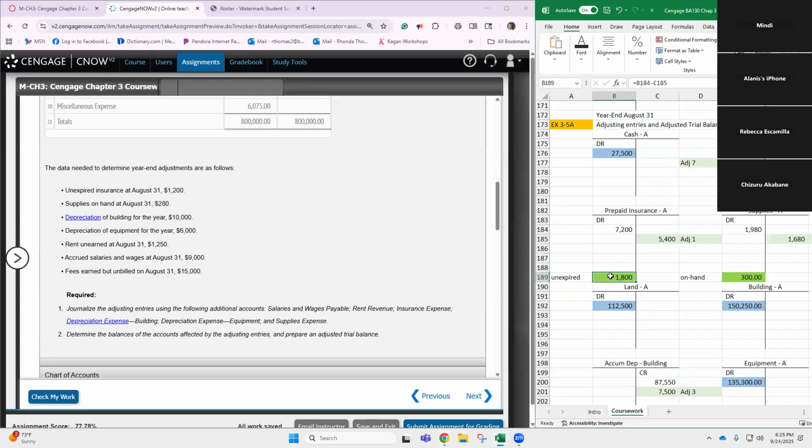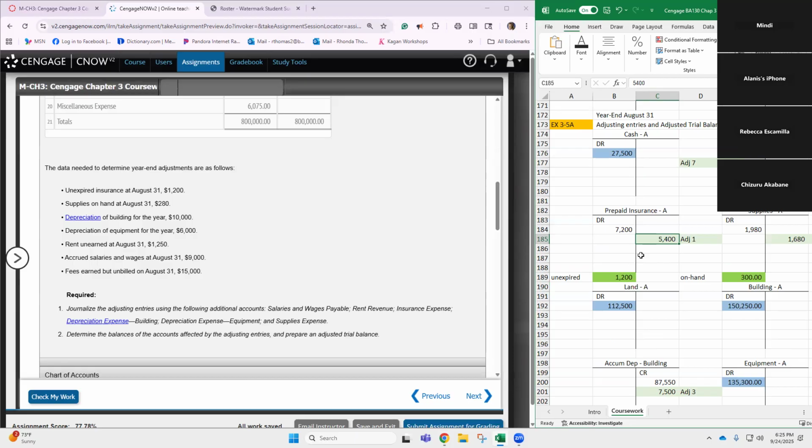Unexpired is the ending balance in this prepaid insurance account. So at the bottom of your prepaid insurance account on your T account, put the amount of $1,200. We're putting this in so we can figure out what the adjustment has to be.